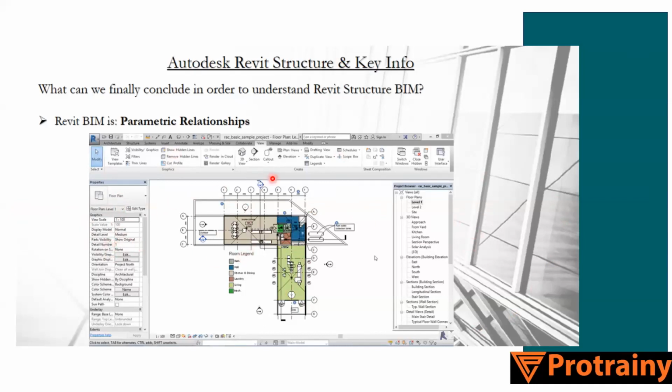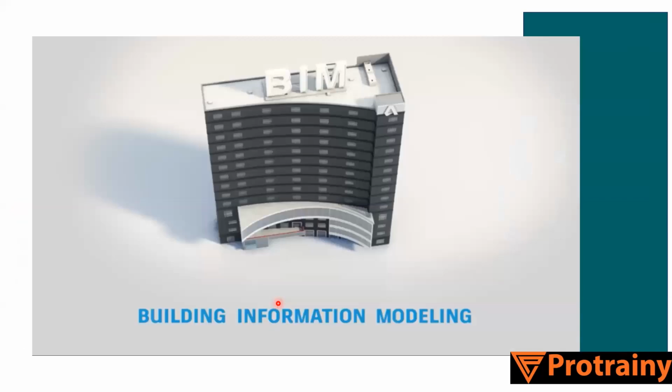And of course in the center you have the workspace to work on. It's just an overview, but of course we're going to look more deeply into it when we have the first class.